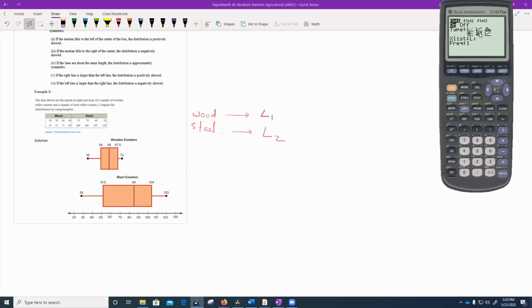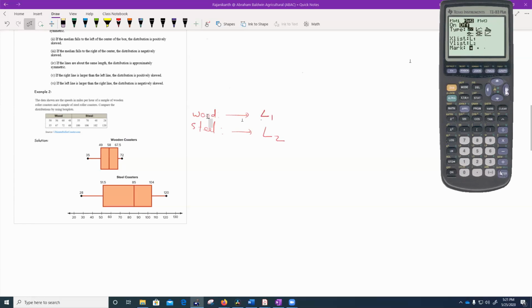Yes, it is already in type number 4. Remember, my wood data values are in L1, so I'm keeping L1 and keep the frequency list as 1. Okay, that is fine. Now I need to go to plot 2.